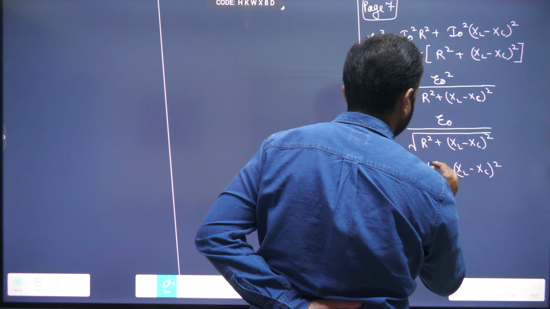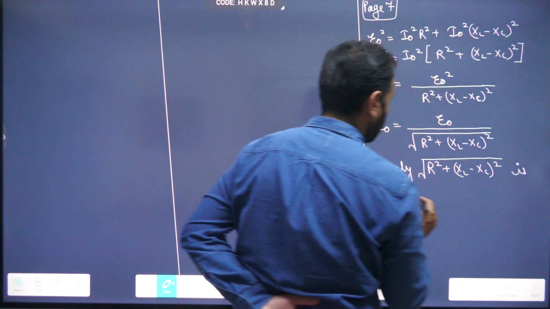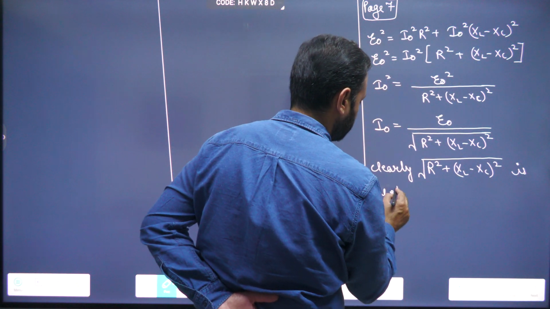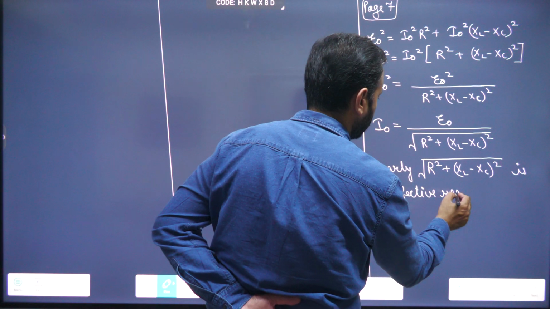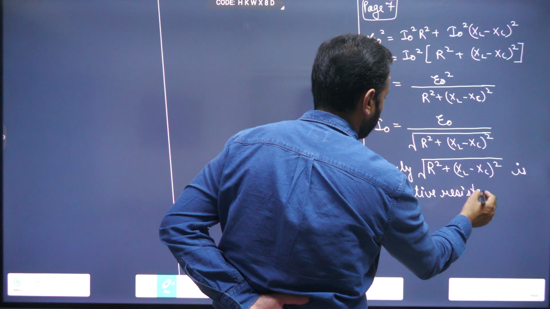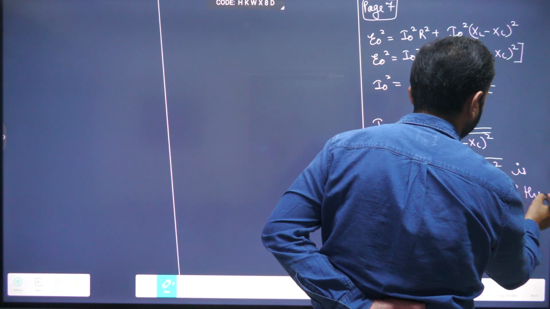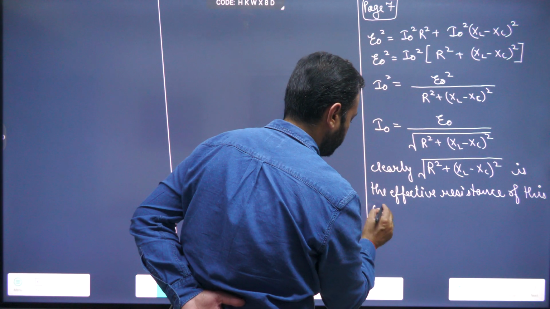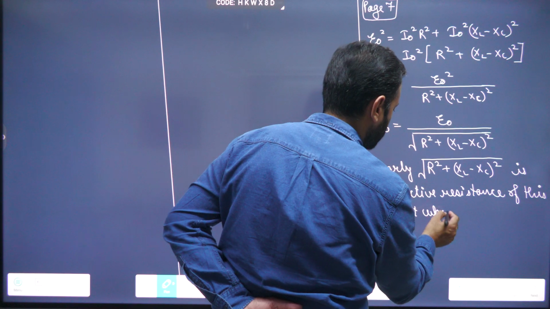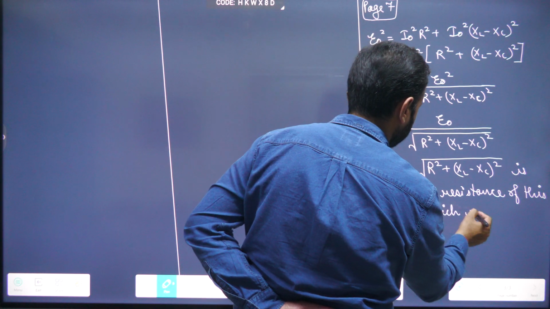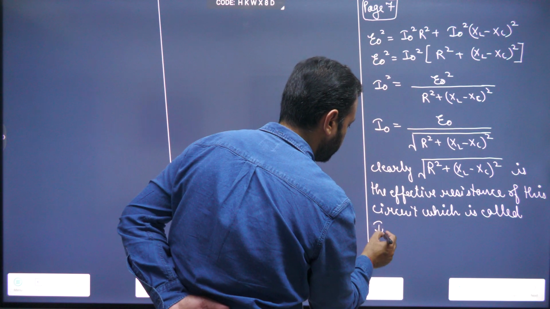Under root R square plus XL minus XC whole square is the effective resistance of this circuit, which is called impedance.